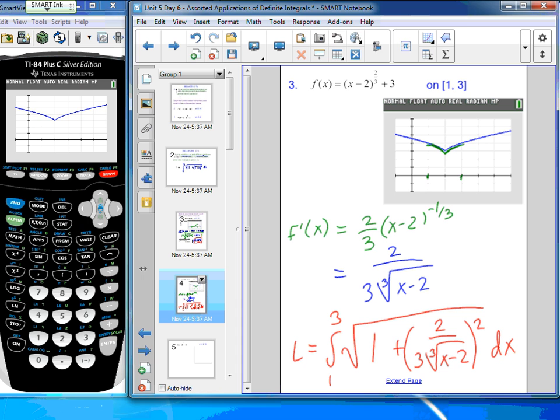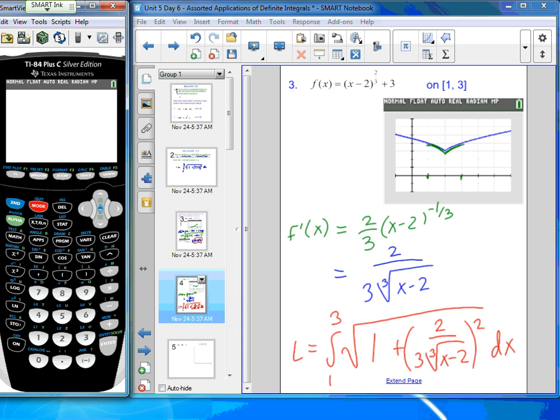The reason I'm doing this is because I want to see what happens with my calculator when I do this. So I'm doing Math 9, my favorite calculator application, 1 to 3 square root of 1 plus quantity, oh boy, 2 over quantity, again, 3, Math 4, is cube root of x minus 2, closed denominator, closed fraction squared, get out of the radical with respect to x.